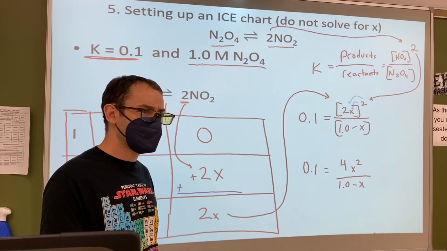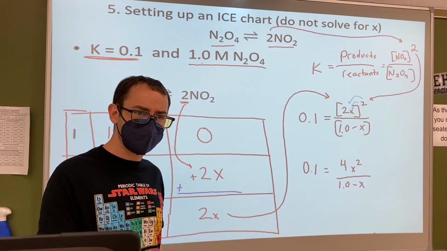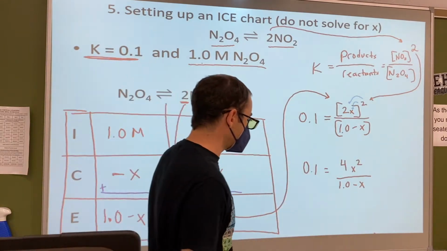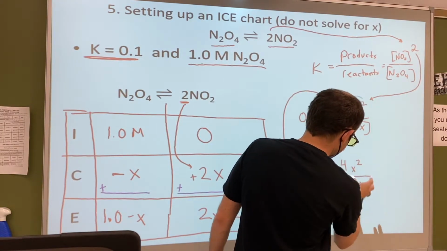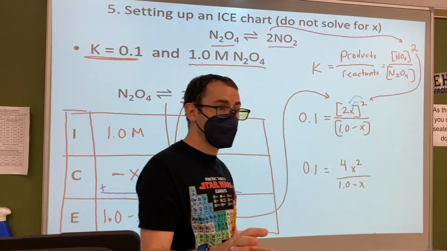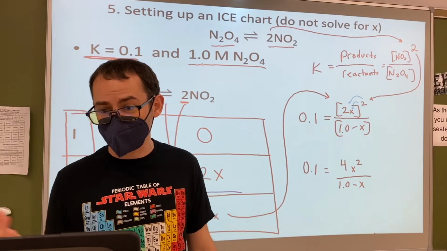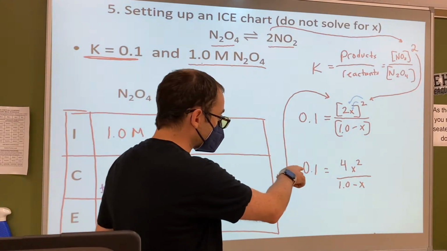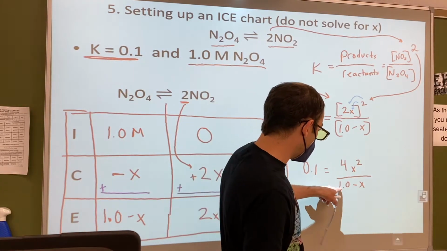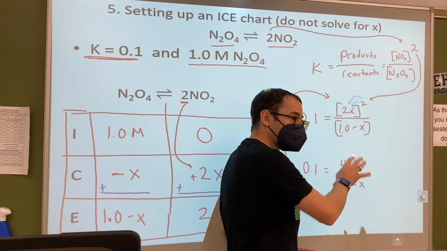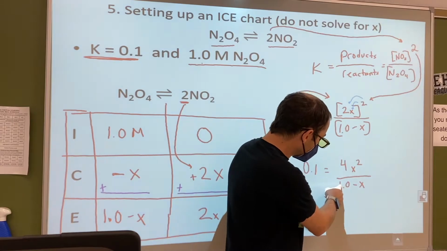Anybody know? Quadratic equation. You guys learn about that? Where you have an x and an x squared and you have to use all this crazy stuff to solve for this. So what we do in chemistry to make it easier, because some people haven't gotten there in math, and honestly, I don't want to deal with this, is whenever you have 1.0 minus x and it's equilibrium, if you think about it, this is kind of a big number.